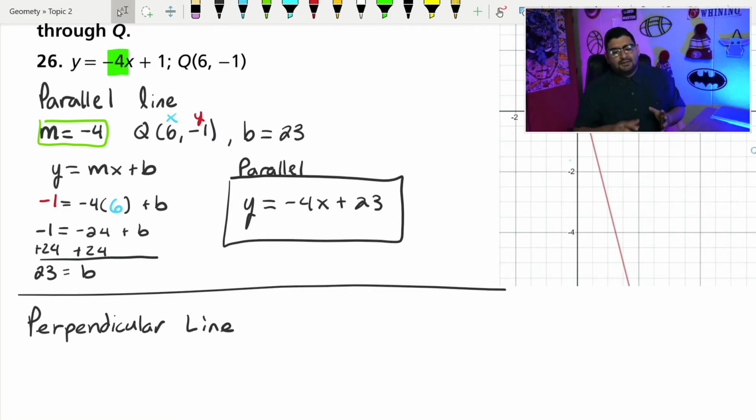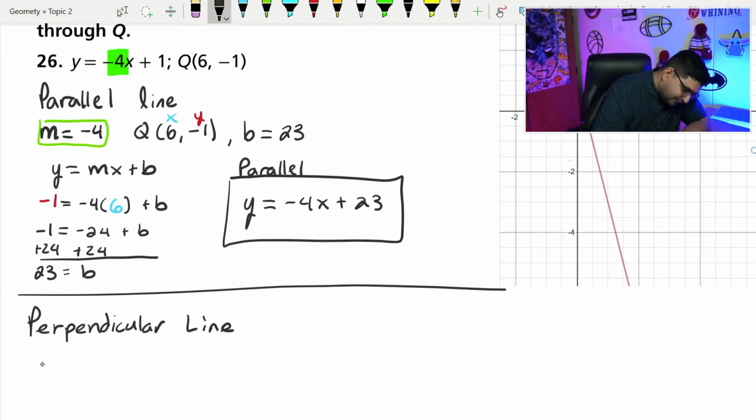For perpendicular lines, slopes are negative reciprocals of each other. The product of the slopes of two perpendicular lines should be negative 1. To make sure this happens, we have to take the negative reciprocal of the slope of the given line, which was negative 4, in order to get the slope of our perpendicular line.